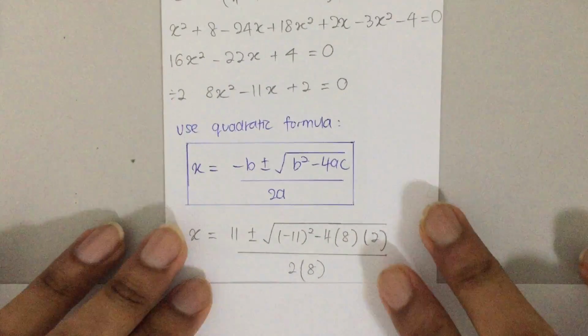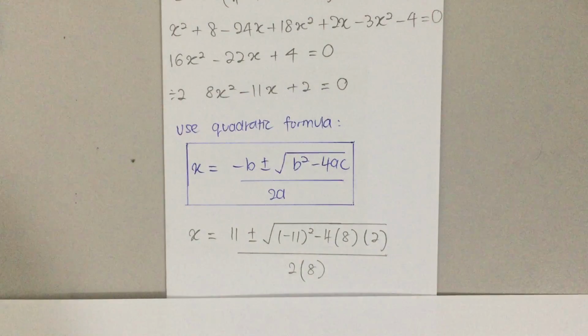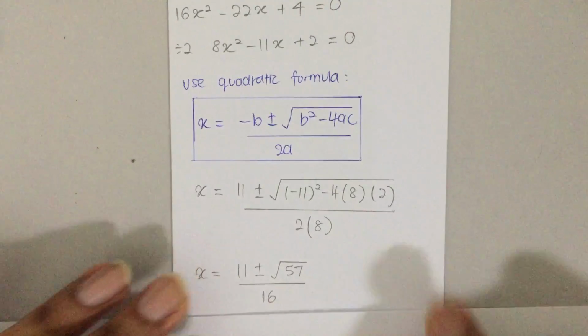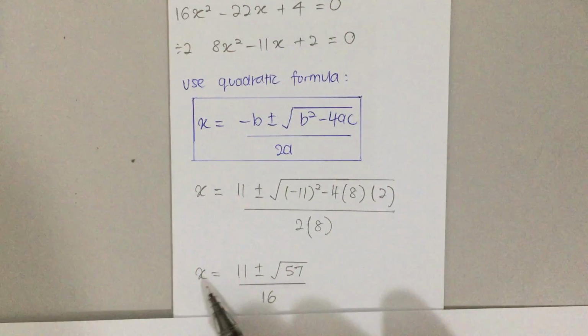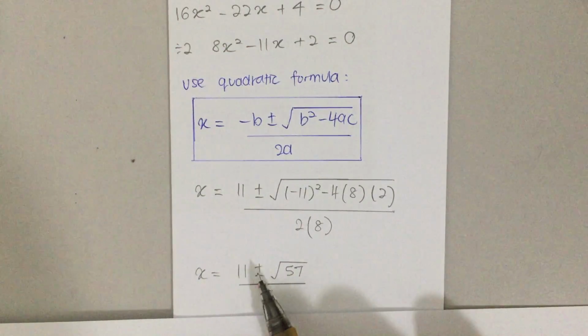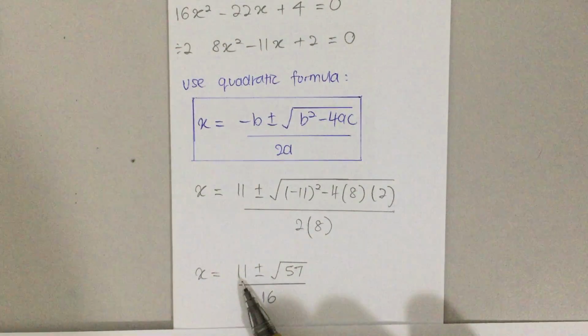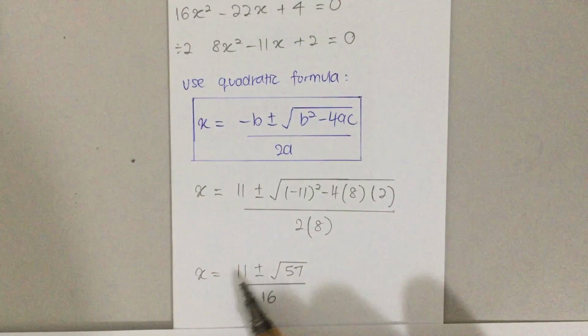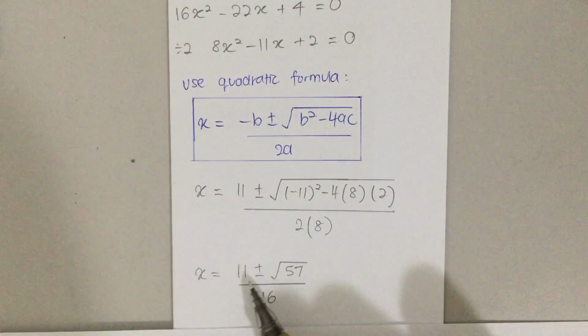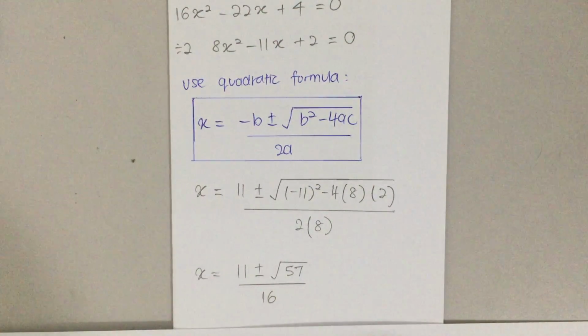From here, you should get x equals 11 plus minus square root 57 over 16. So we're going to break this into two workings, which is x equals 11 plus square root 57 over 16, and x equals 11 minus square root 57 over 16.